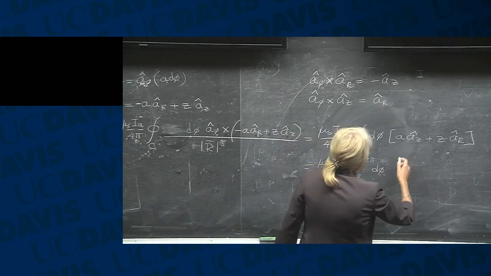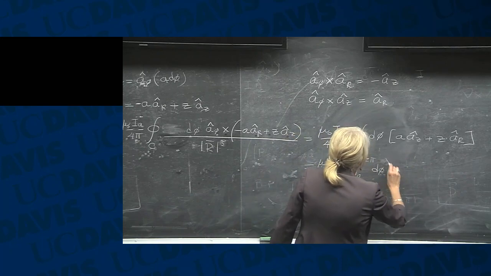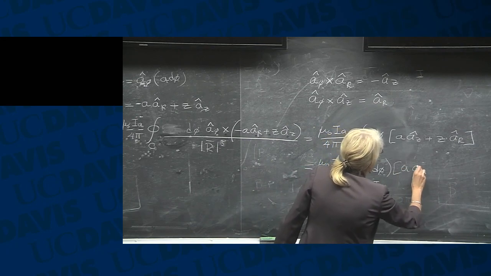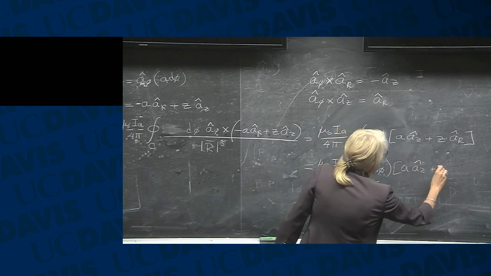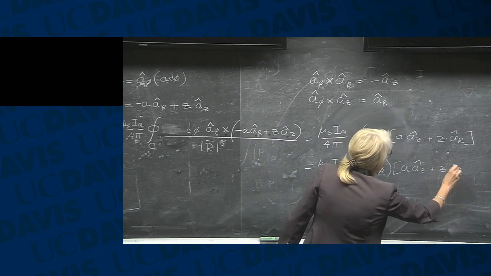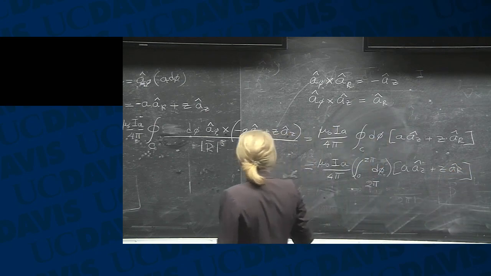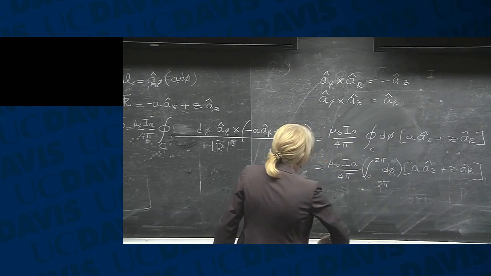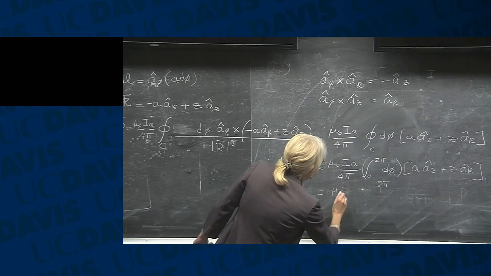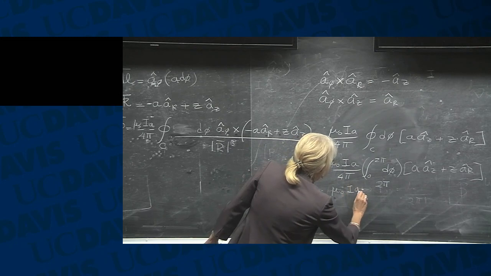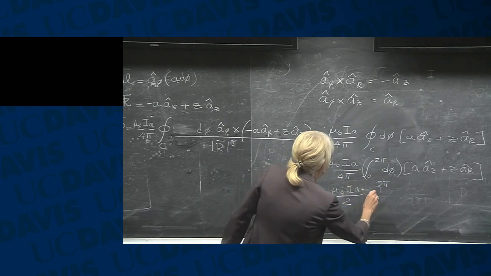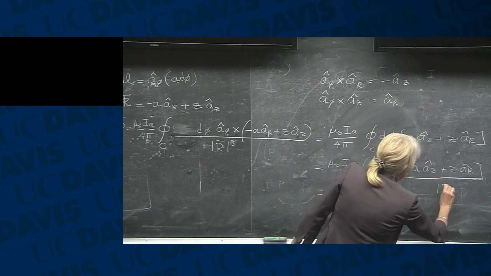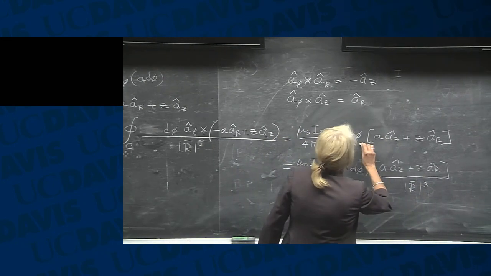And then I will have A Z plus Z A R. So this makes 2 pi, and practically I have here mu naught IA over 2. And then, I'm sorry, I forgot that one, which I still need to have.